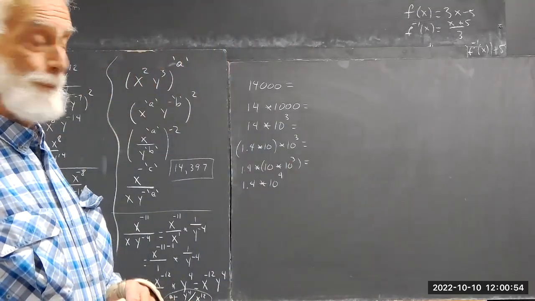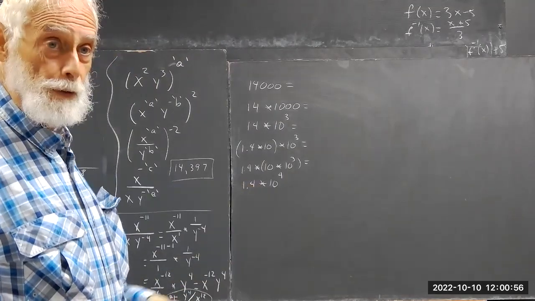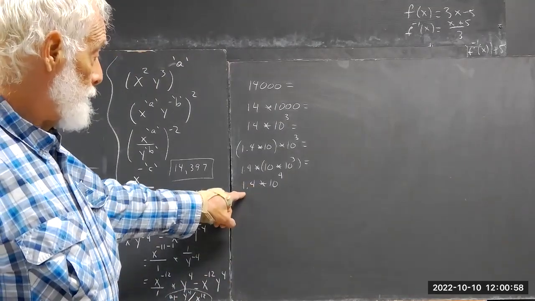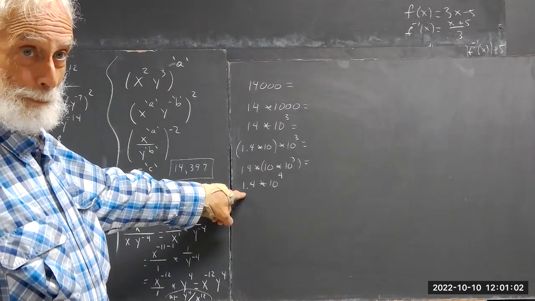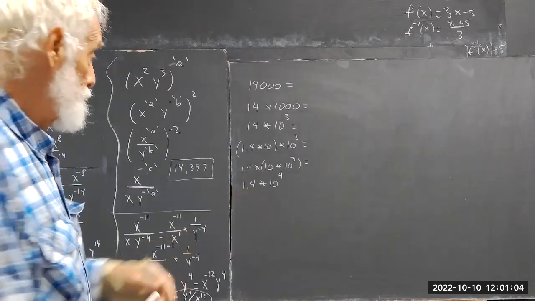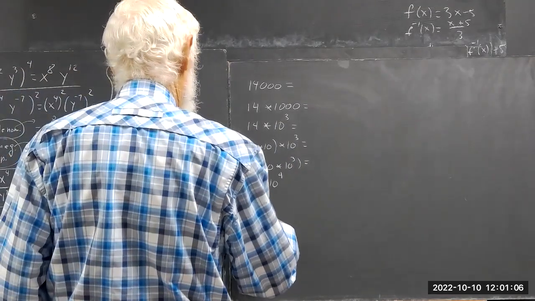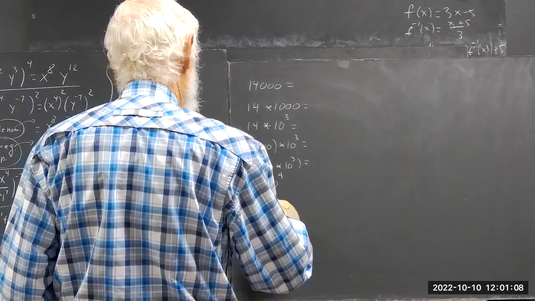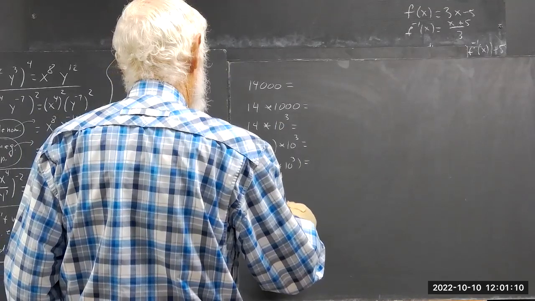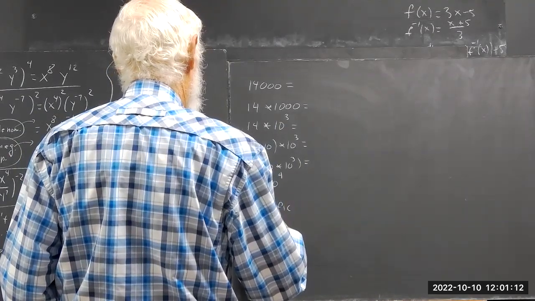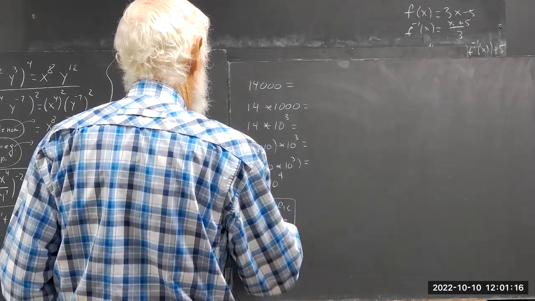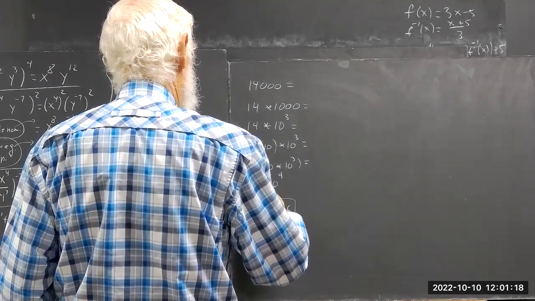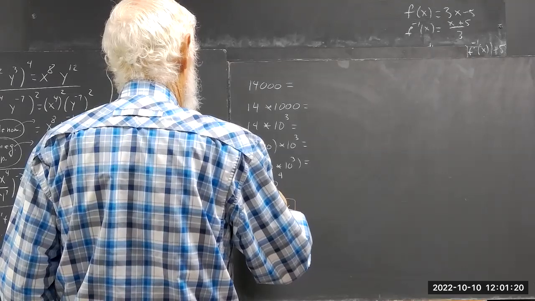This is called scientific notation. This number can't be less than 1, it can't be greater than 10. There are names for these. I'm not going to worry about the names.